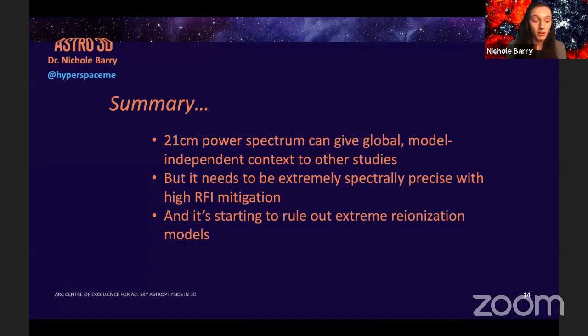For example, there's a chromaticity that gets convolved into your data via the instrument itself, due to the fact that the spacings between your interferometric elements vary as a function of frequency. And that variation as a function of frequency, as soon as you take a Fourier transform, contaminates your signal. And so for the most part, these instruments have been a learning experience. And to be honest, I think a lot of people who first proposed for these instruments thought we would have measured it within a couple of years.